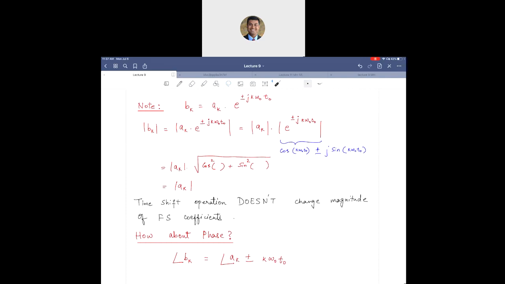So we are only changing the phase by plus or minus k omega naught t naught. So the phase does change, the magnitude doesn't change. All right, let's move on. Questions so far with the horizontal shift, vertical shift, and the linearity properties?